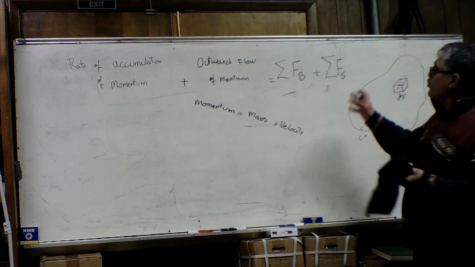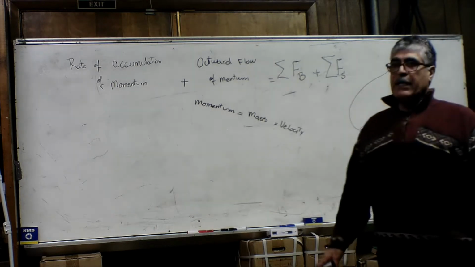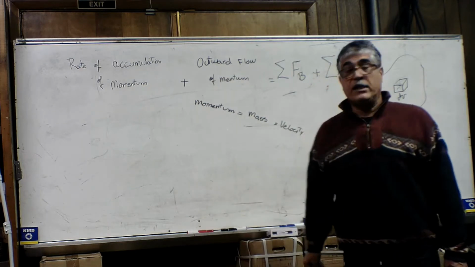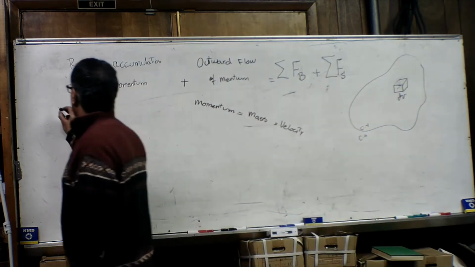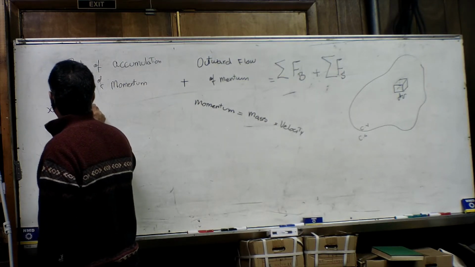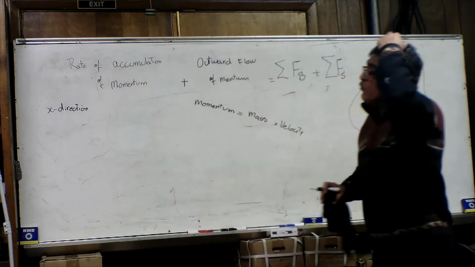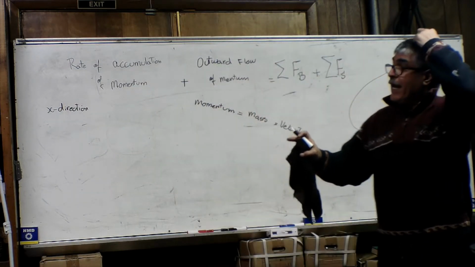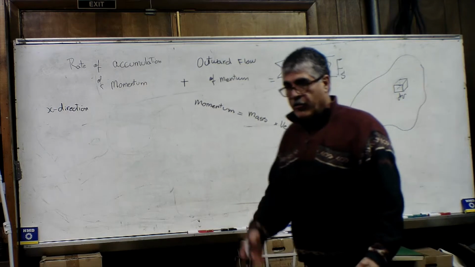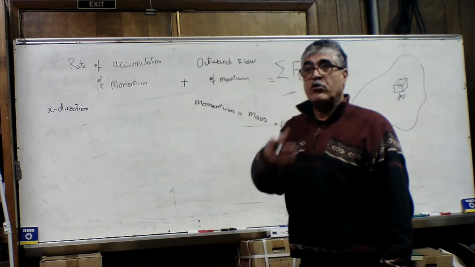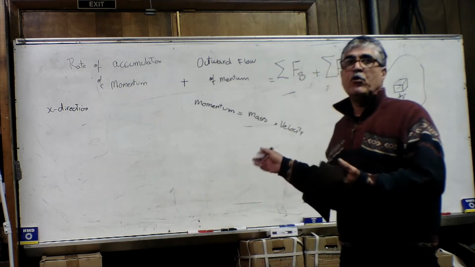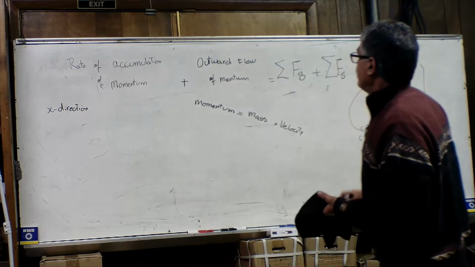Since we have motion and forces involved, let's write this formula for the x direction. When we get the end result, we can generate a general formula by using index notation, and then easily write the formula for any component that we want.